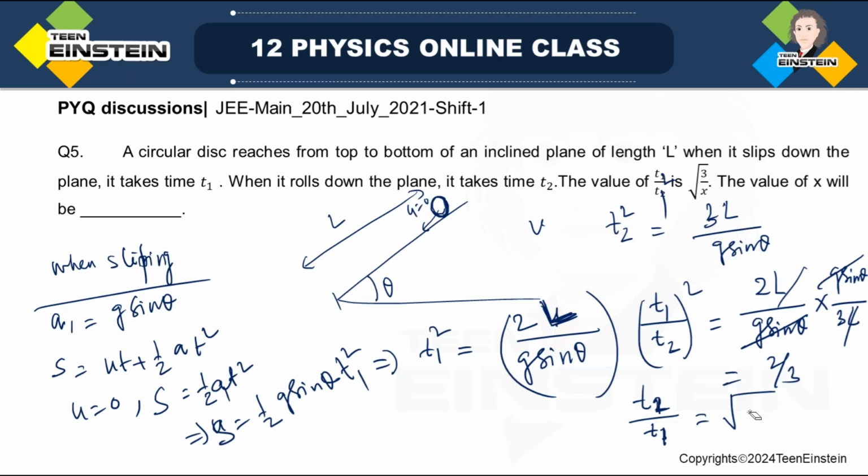T2 by T1 will be square root of 3 by 2. So square root of 3 by x, I can compare with this. So this x will be equal to 2. Okay, x is equal to 2.